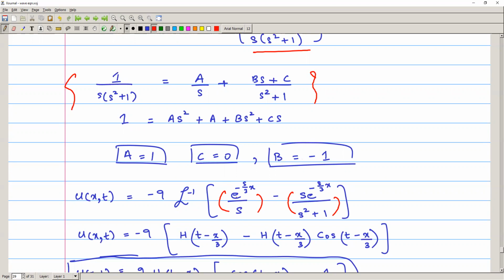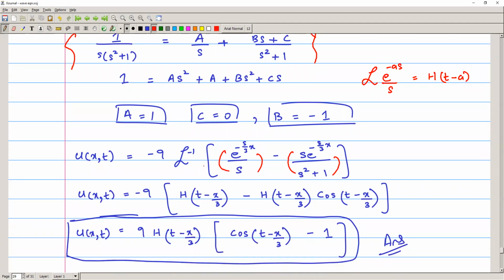So the inverse transform of this function e to the power negative (s over 3)x over s will be the unit step function, because we know that the Laplace inverse of e to the power negative as over s is equal to the unit step function, or Heaviside function. So here this will be Heaviside of t minus x over 3, and minus, then this is s over (s squared plus 1).